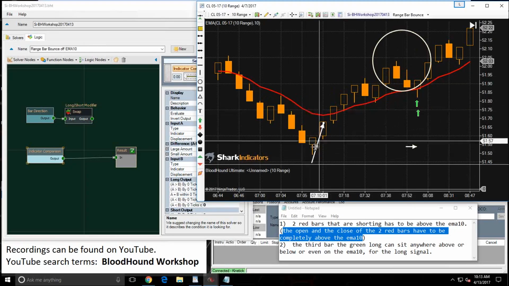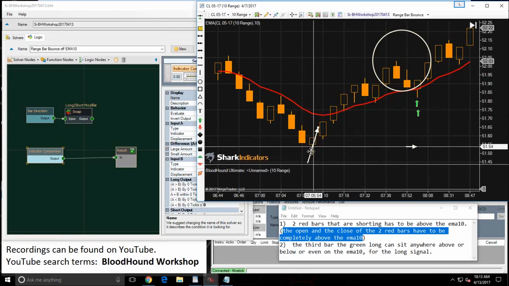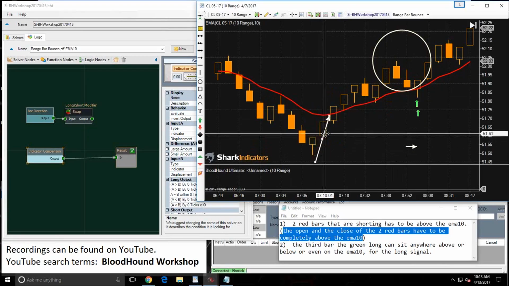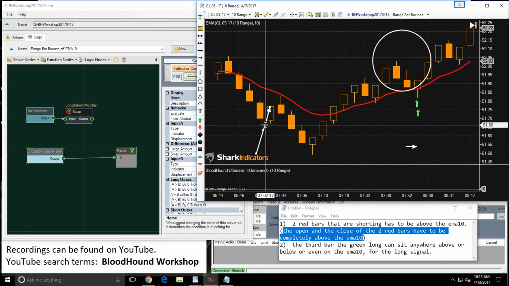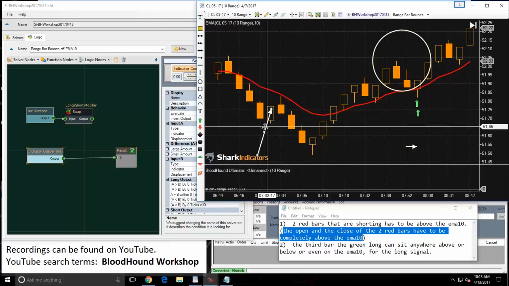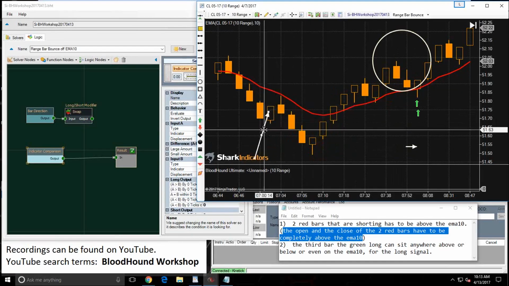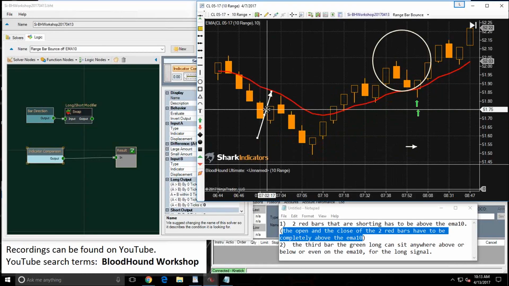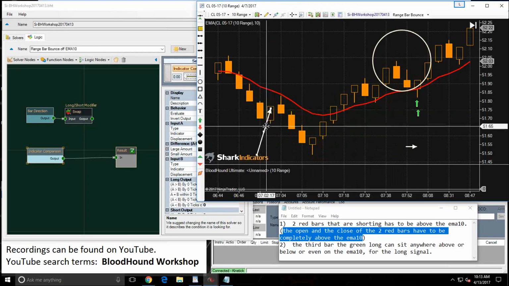And for the opposite condition, if we're checking these two up bars for maybe a bounce down, like here, if we had one more up bar, we'd get a short bounce off that EMA, but what we're checking for is to make sure that the high of the bar is below the EMA.